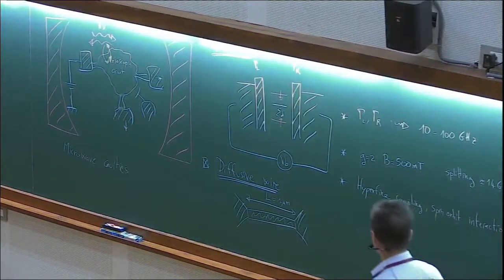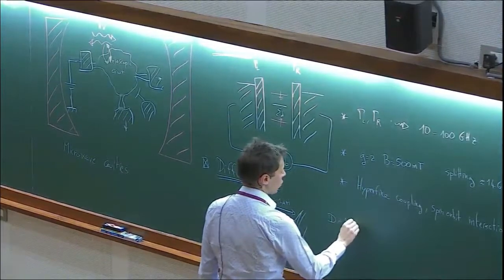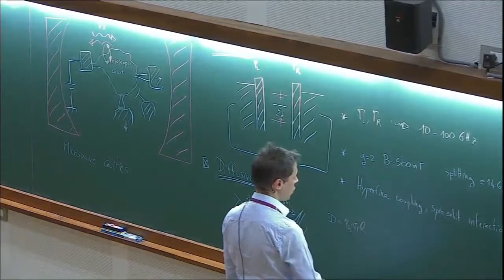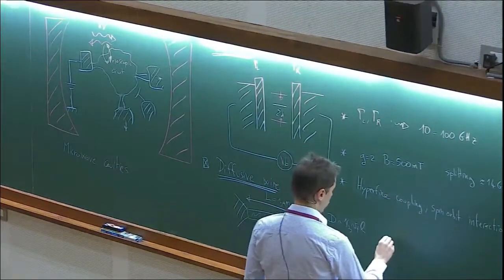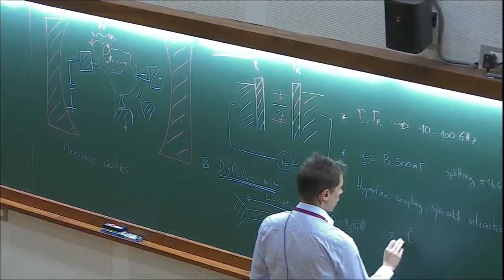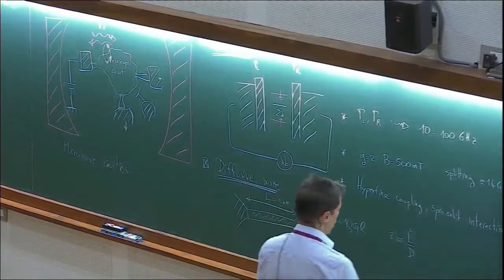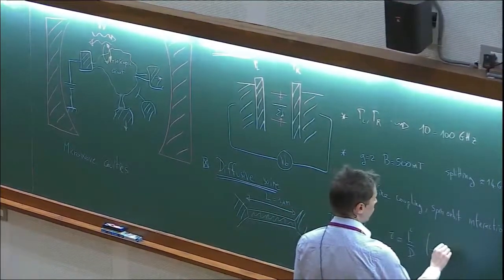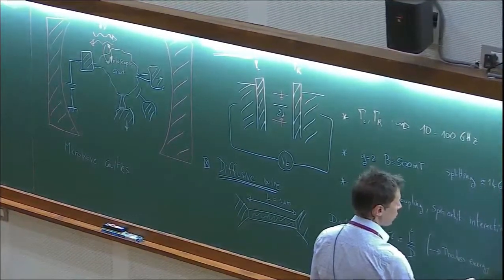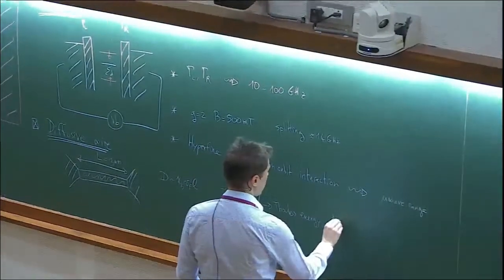So if D is the diffusion constant, which in 3D is one third of the Fermi velocity times the elastic mean free path, essentially there will be a diffusion time, which is L squared over the diffusion constant. And so this gives, of course, the Thouless energy, which is the energy scale, h bar D over L squared.